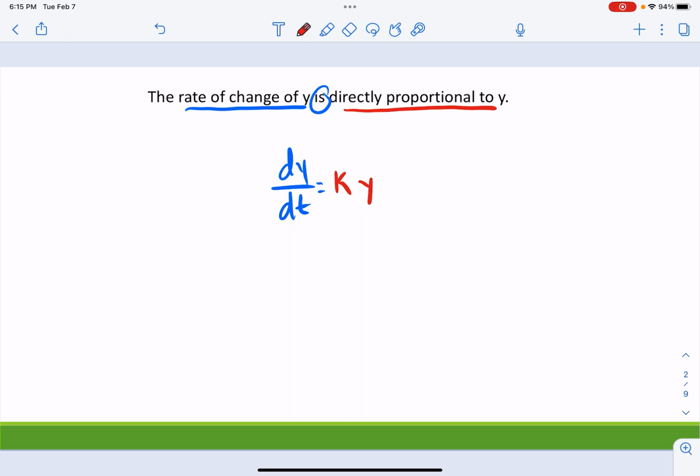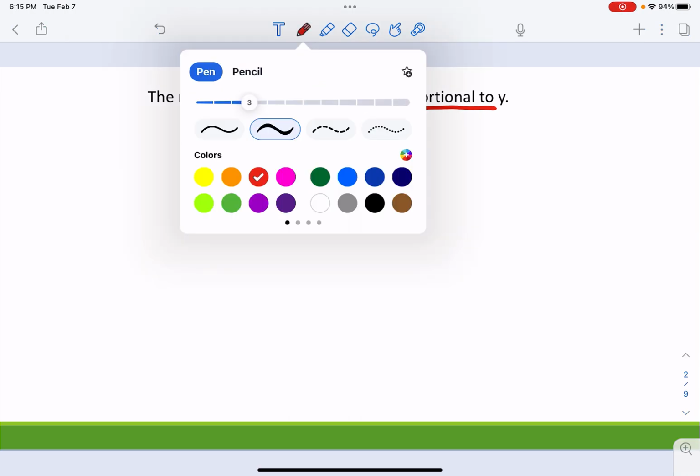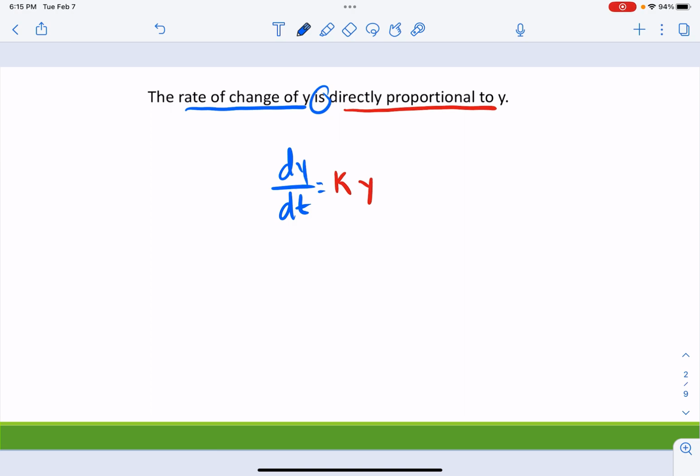Okay, so now let's solve this differential equation. Separate out our variables, so I have dy over y is equal to k dt. I take the antiderivative of both sides, and I make sure that I take the antiderivative correctly, giving kt plus c.